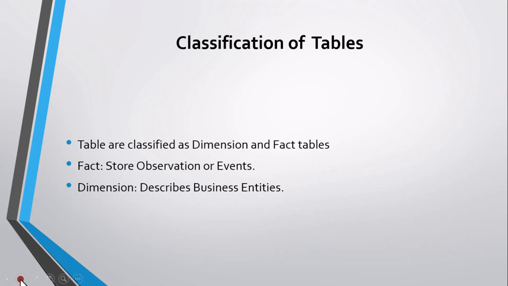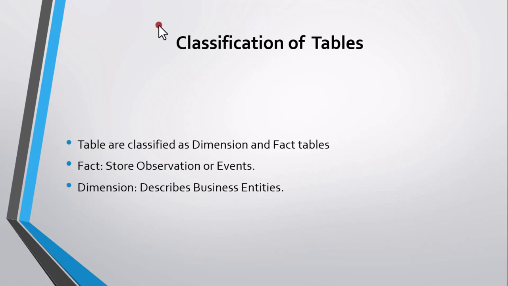All these are business entities, while facts include the total number of sales, the total profit made for each product, and discounts given out. All these are examples of facts that should be on the fact table.